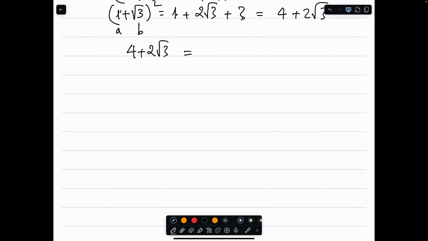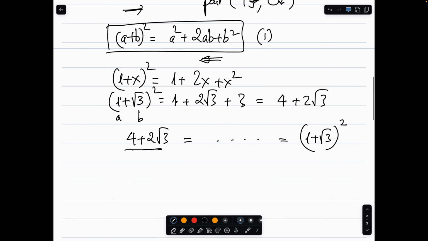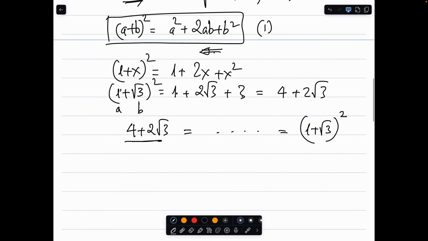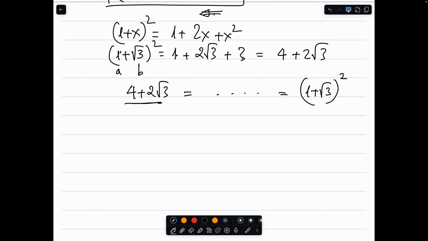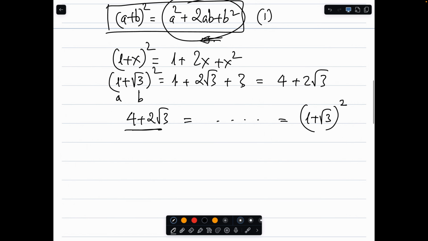You have this one, and then you have to see it as 2 plus square root of 3 squared. You see, this is going from the right to the left. This is harder. So in this case you have to understand this clearly. It has to be this one, and then 1 term here and 1 term here. You have to write this, and then it goes to there.